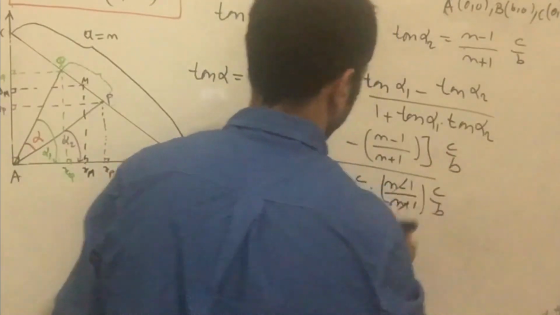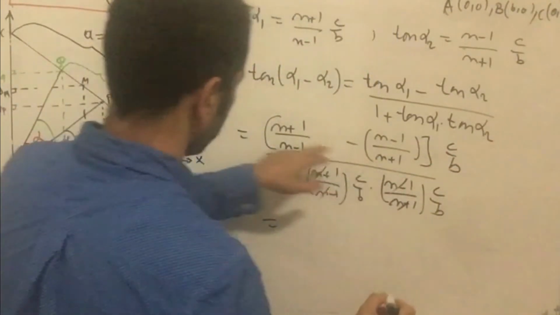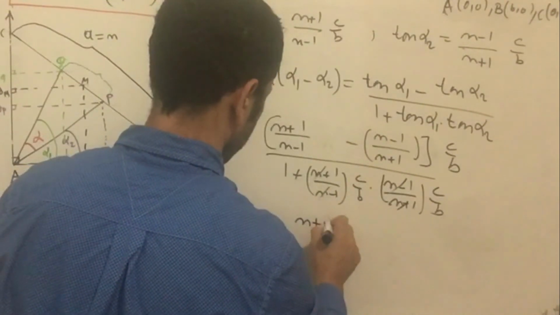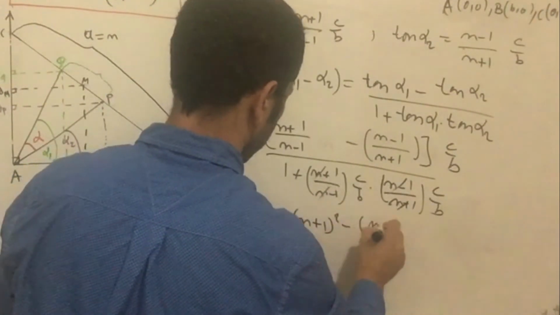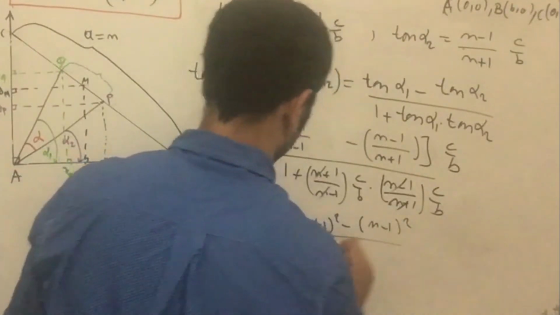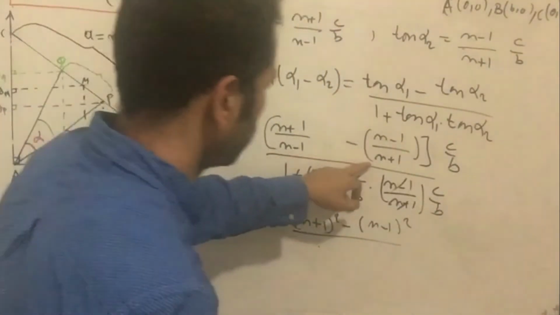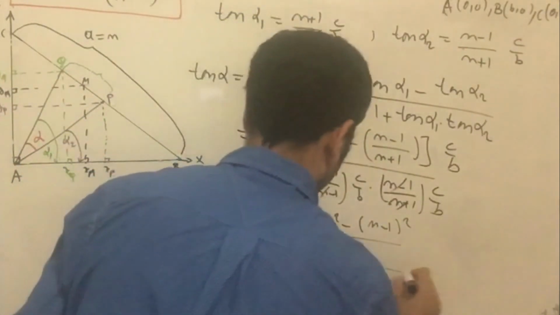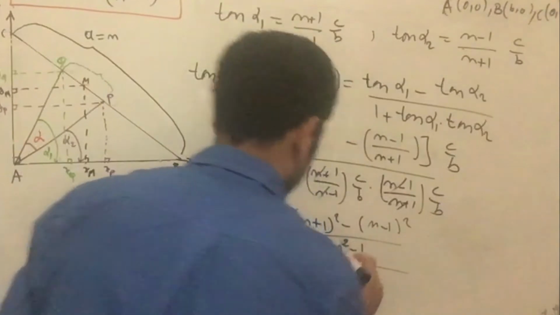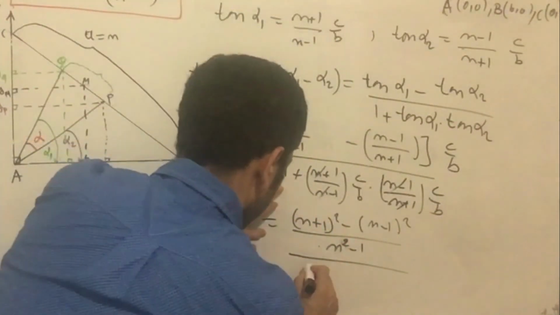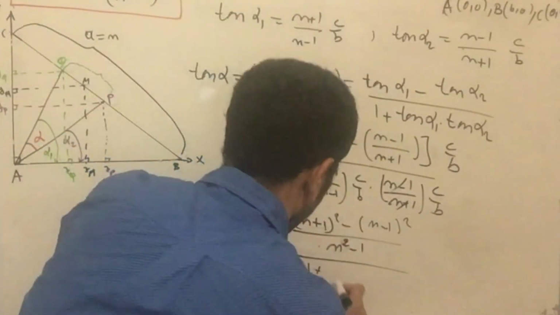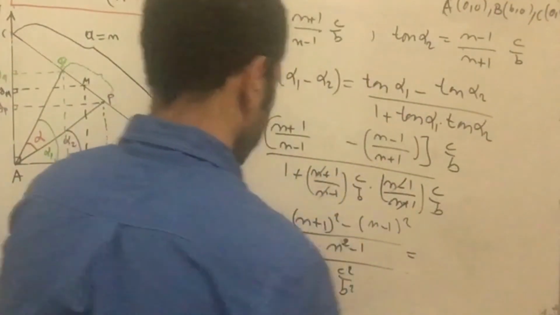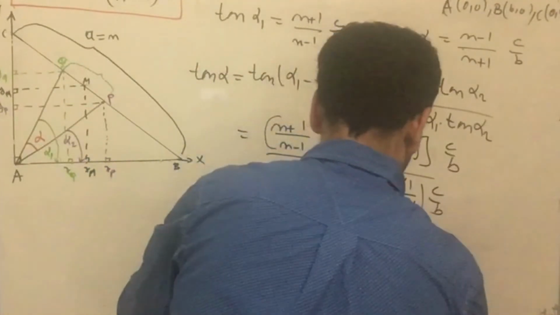Okay, so let's multiply: (n plus 1) square minus (n minus 1) square, over (n minus 1) multiplied by (n plus 1), which is n square minus 1, over 1 plus c square over b square.